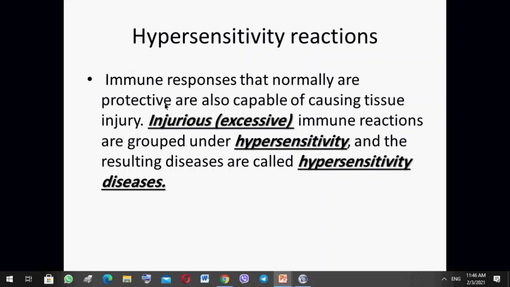So it will cause a problem because we have an excessive or inappropriate response. So the injurious or excessive immune reactions are grouped under hypersensitivity reaction. From its name, hyper means an excessive or inappropriate response against antigens. Okay, and the resulting disease we call hypersensitivity disease.